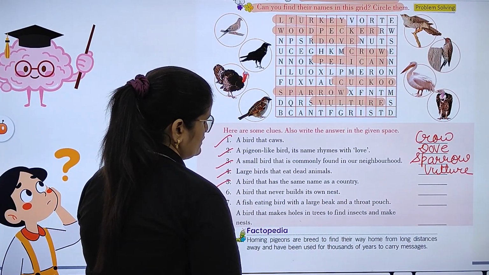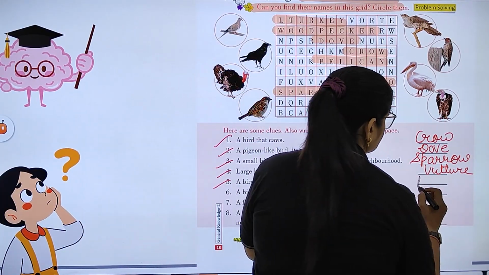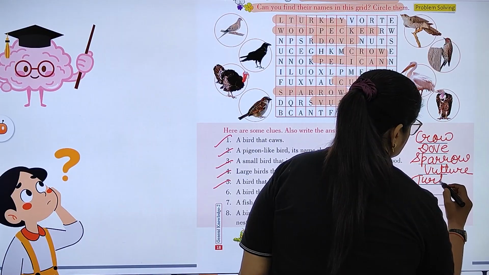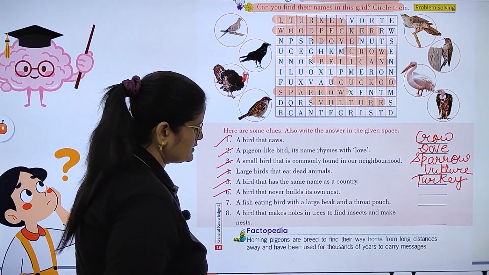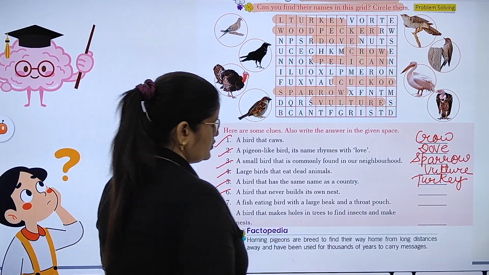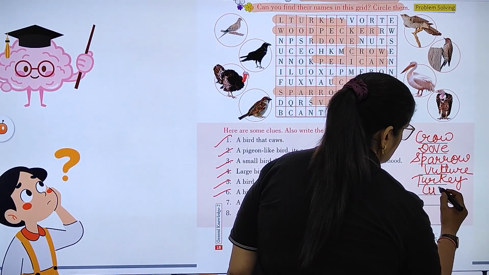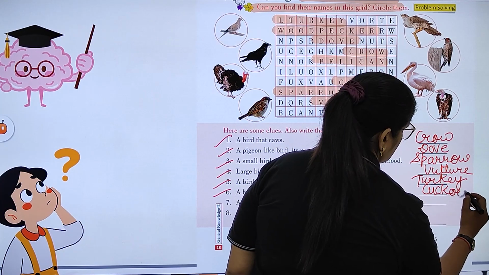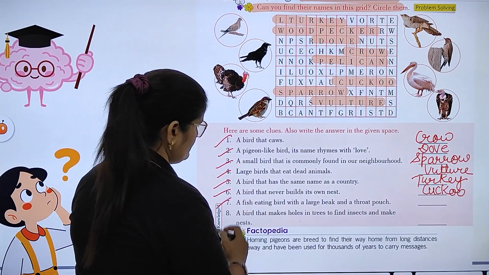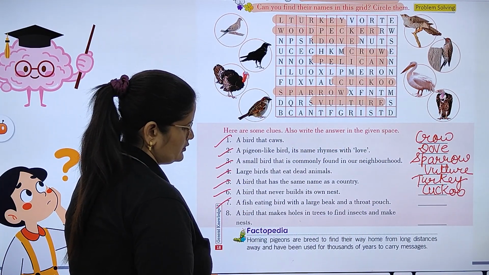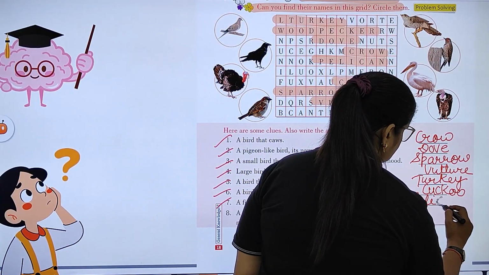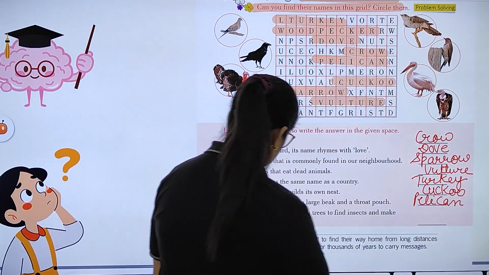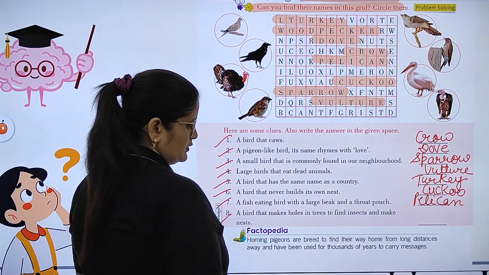Number 5, turkey. Six, cuckoo. 7, pelican. Wood.